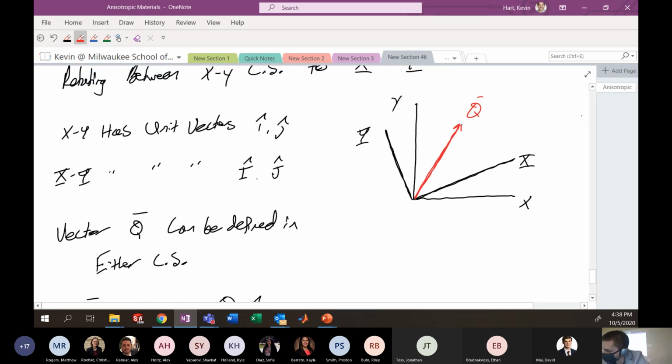The triangle you should have in your head in this situation is this triangle here. Okay? It's the same vector in both situations. We can all agree on that, yes? Now, how we represent it in space is different depending on the coordinate system that we use, but the point is it's the same in both coordinate systems.